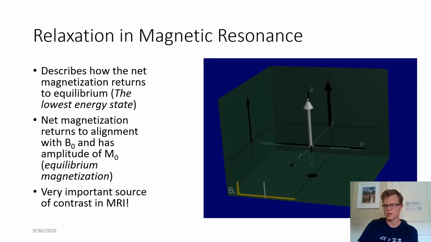We can see that in the very beginning of this animation, there was an RF pulse that perturbed the net magnetization from equilibrium, which is the state you saw at the beginning, pointed along the z-axis, the white vector here being the net magnetization. And this shrinking and growing process that you're seeing is happening due to T1 and T2 relaxation in this simulation.